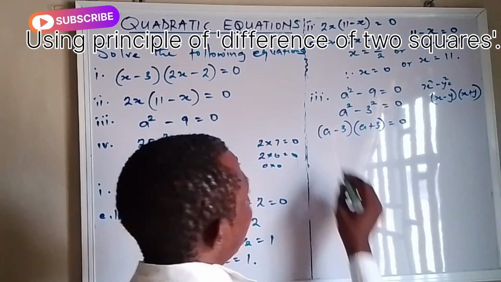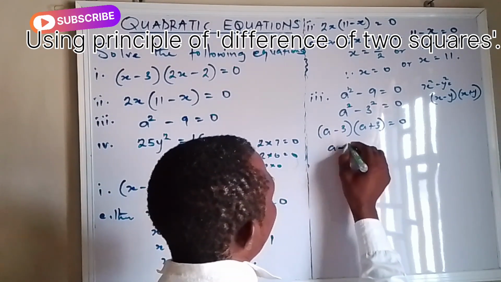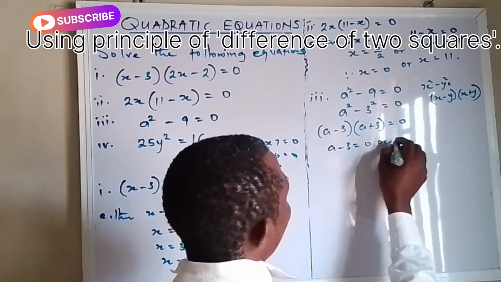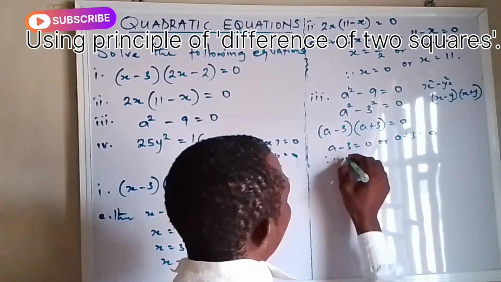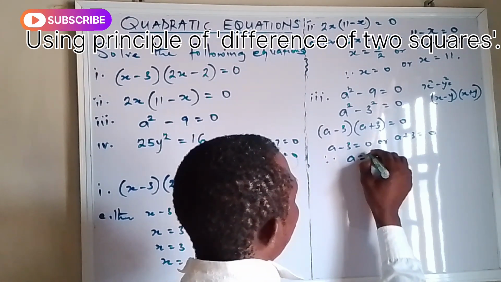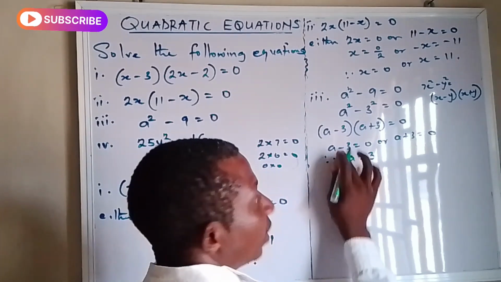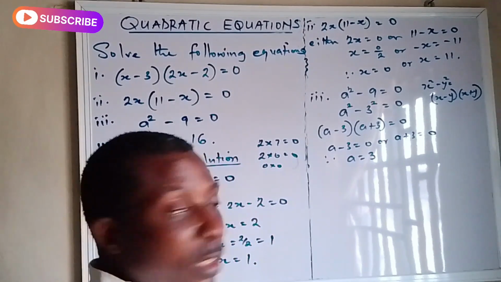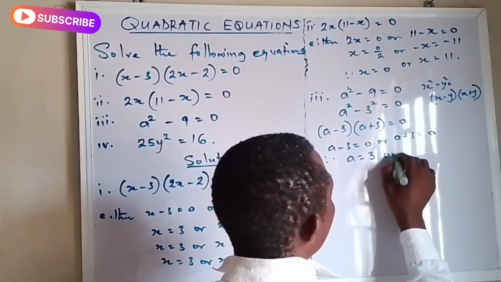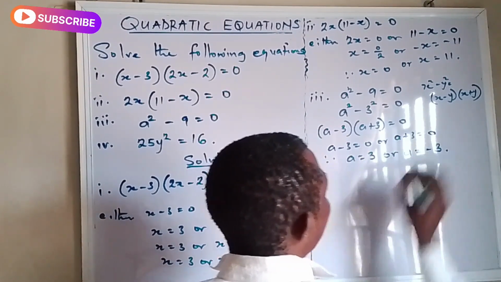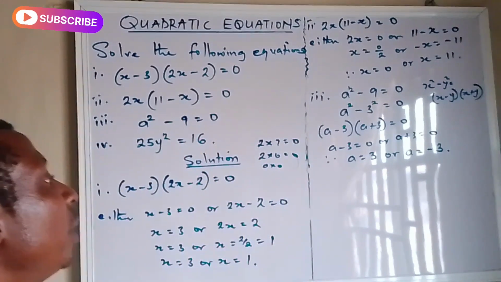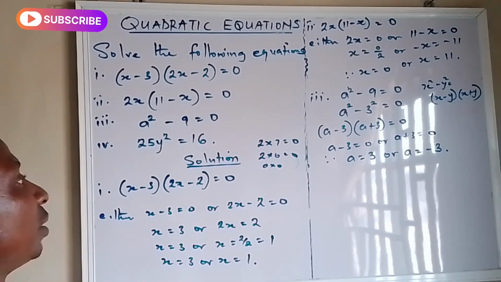So in this case we now have a - 3 = 0 or a + 3 = 0. Therefore a = 3, when you move this minus 3 to this side, it turns to plus 3, or a = -3. So that is the answer to the third one.